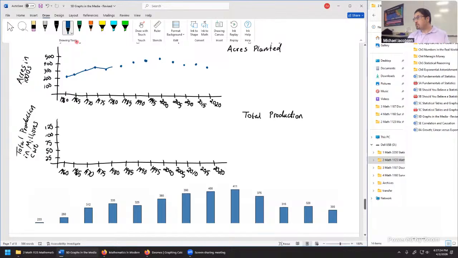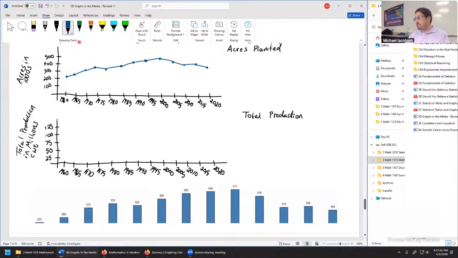So we only do straight line segments to connect just the known data values. So going through like this, roughly, gives us that line chart.